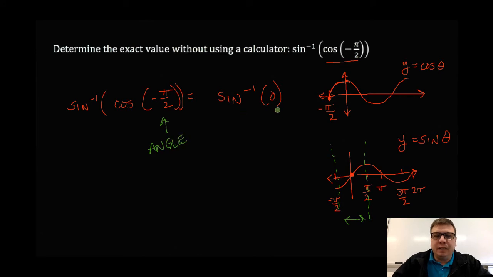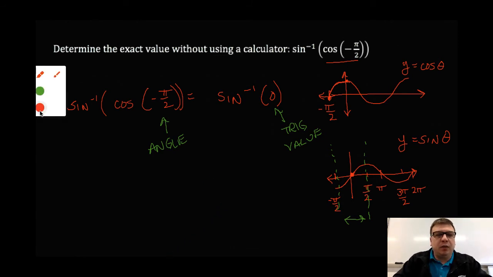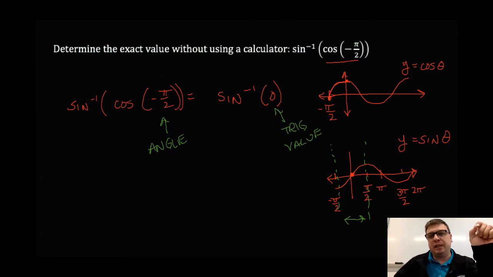When I deal with the inverse, this is the trig value. I should have said that first to prevent any confusion, and also to prevent my own brain from being confused. So now, as I go through, I'm looking to figure out, okay, what is the angle when sine is actually equal to 0? And this is going to be 0 because I'm looking at the point right here, 0, 0. So this is 0 radians.